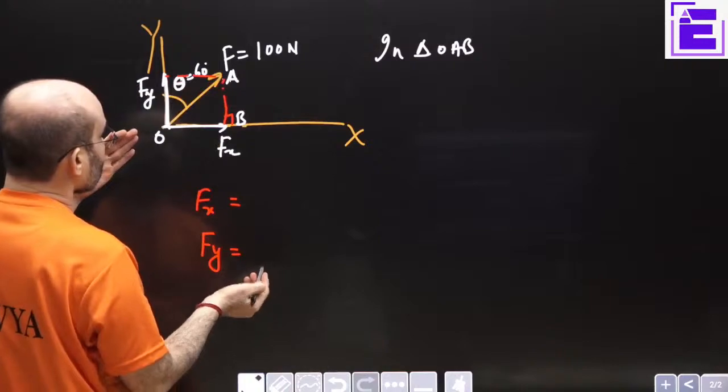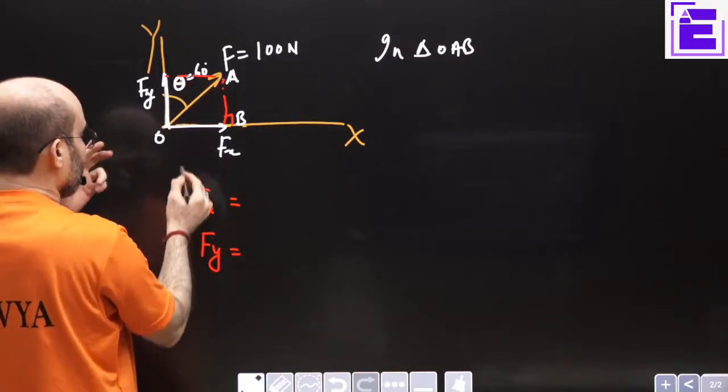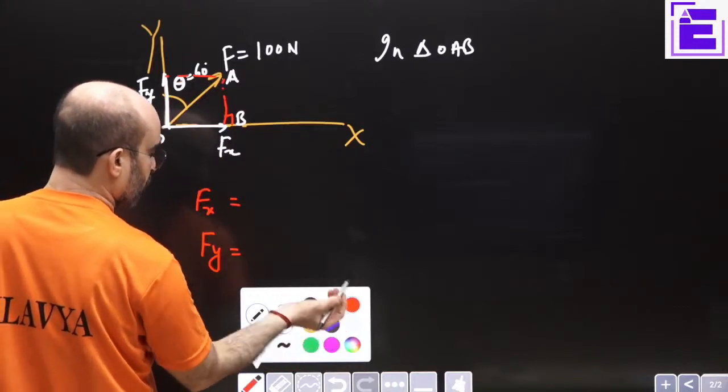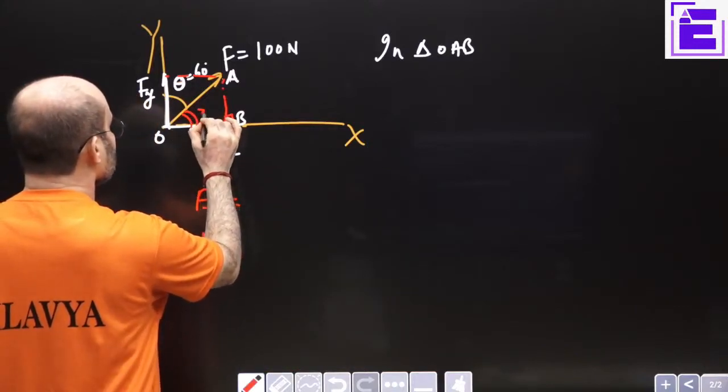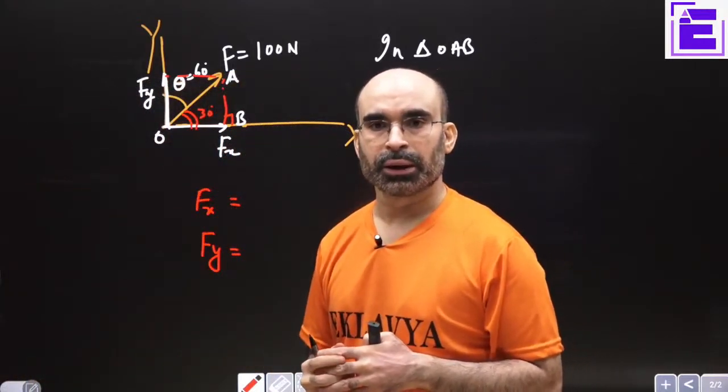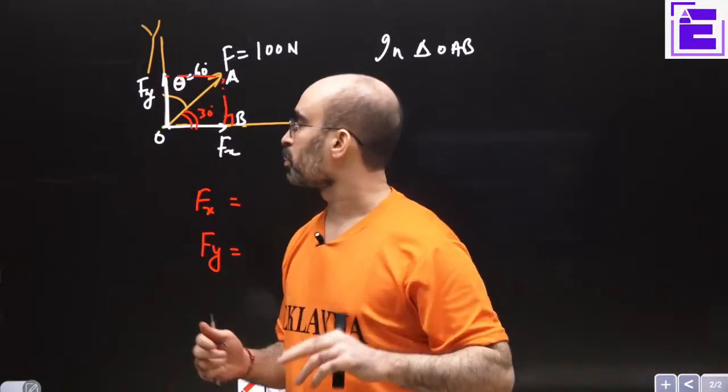If this is 60 degree, then this must be 30 degree, right? Are you getting it? So you have two ways to do this.